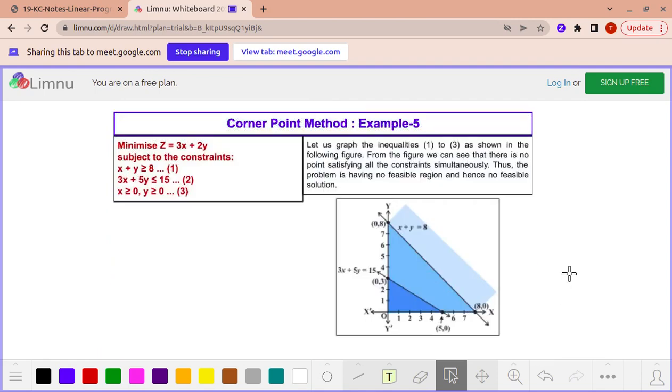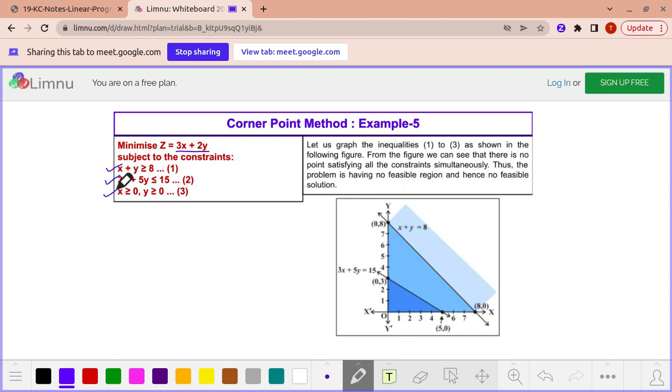So here, dear students, we need to find the minimum value of the objective function 3x plus 2y subject to the constraints. What are the constraints? First one is x plus y greater than or equal to 8. Second one is 3x plus 5y less than or equal to 15, and x greater than or equal to 0, y greater than or equal to 0.